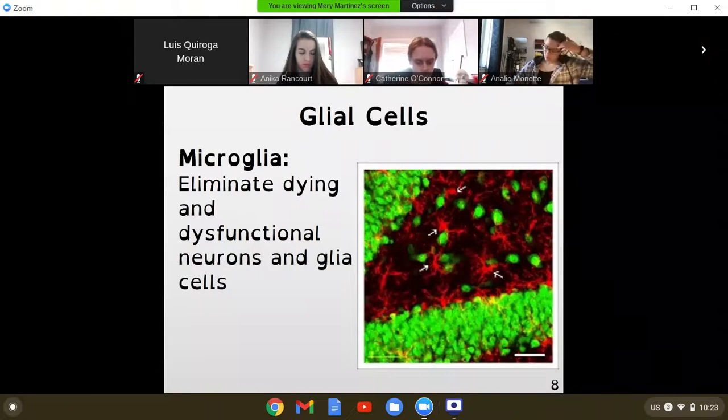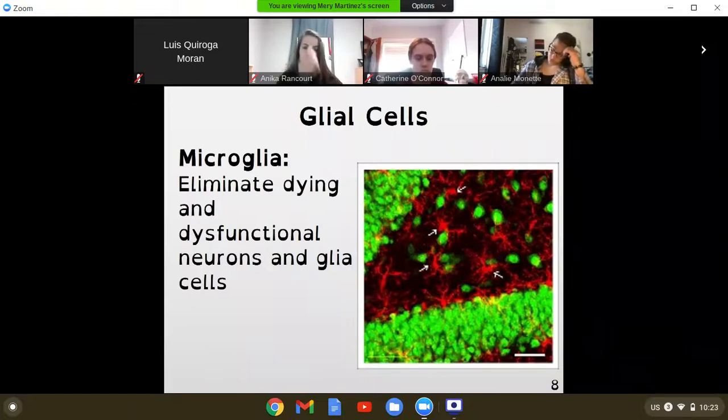The third and last type of glial cell that we mentioned is the microglia. These cells are also known as the immune cells of the central nervous system. They will phagocytose dysfunctional neurons and any other type of glial cell that is not functioning properly.